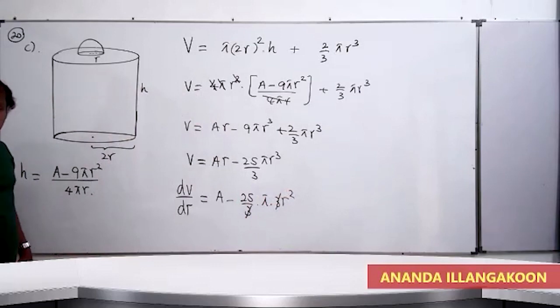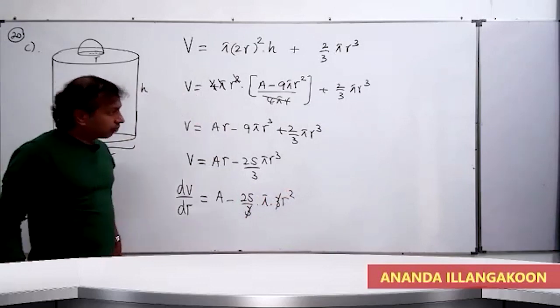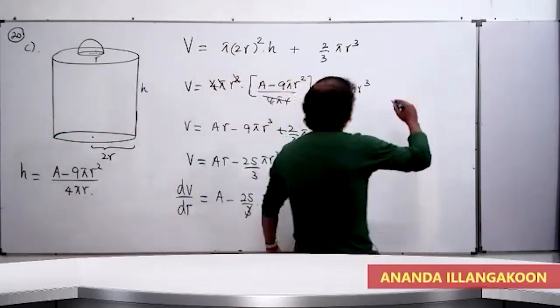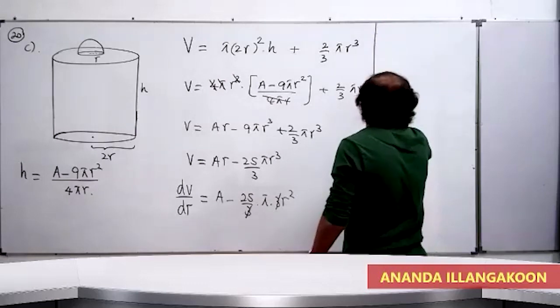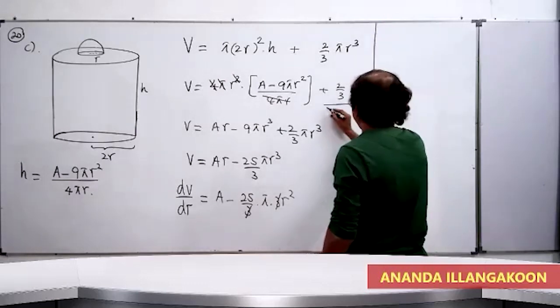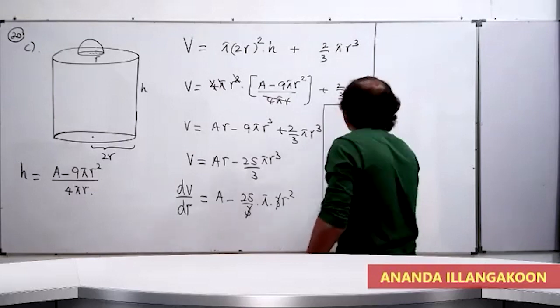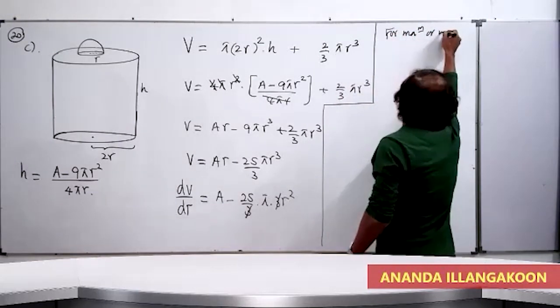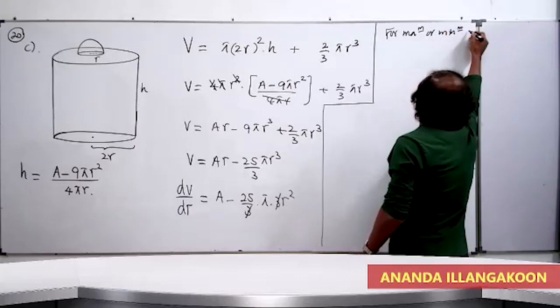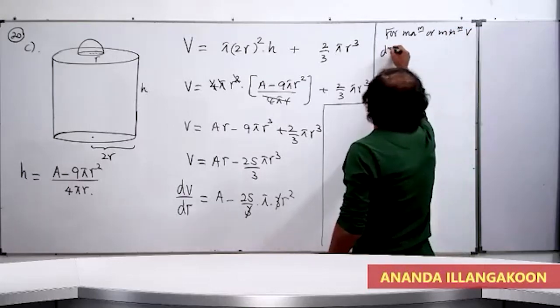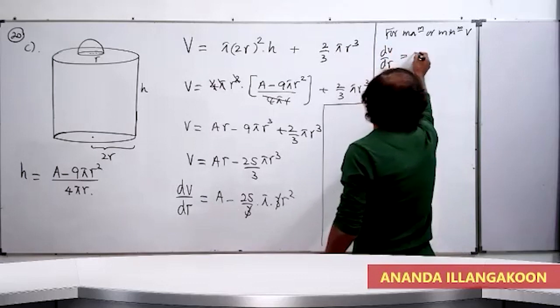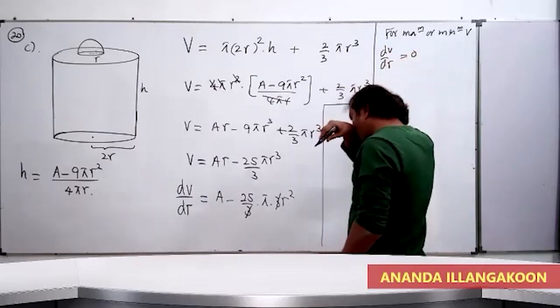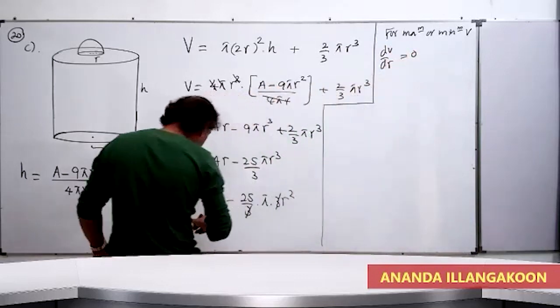So for maximum or minimum volume, people, this dV by dr must be 0. For maximum or minimum volume, dV by dr should be equal to 0. I write dV by dr, people, again here.